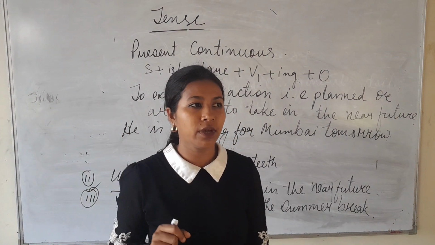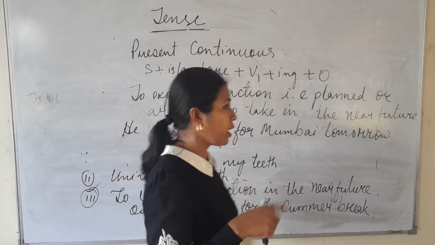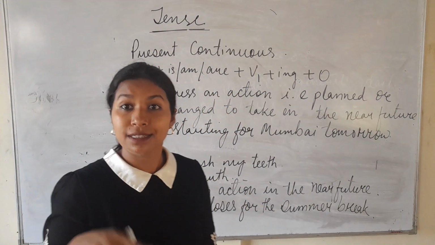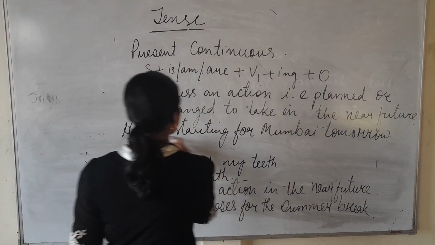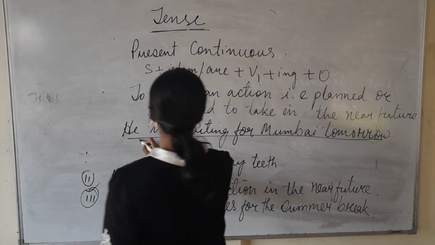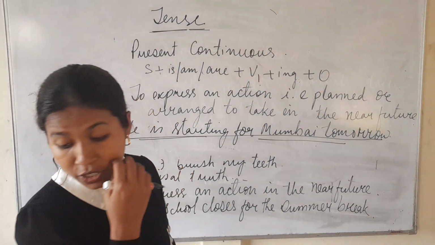Tomorrow he is going to leave, right, for Mumbai. But why are we using present continuous tense? We are using present continuous tense because that entire trip is planned and fixed. So a thing which is fixed and planned should be used in present continuous tense. That is our first point.